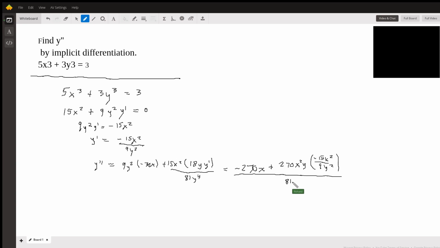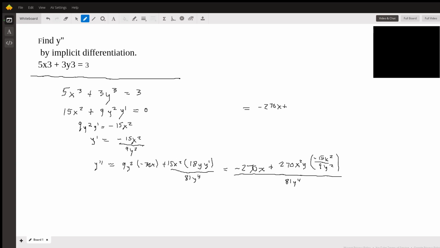Now, you might want to try to clean this up a little bit. Certainly, you could clean up this second term here because the y's will cancel, so we'll take it one more step. Negative 270x plus, let's see, 270 over 9 is 30 times 15.